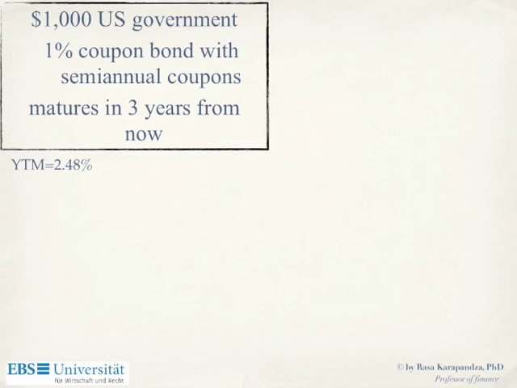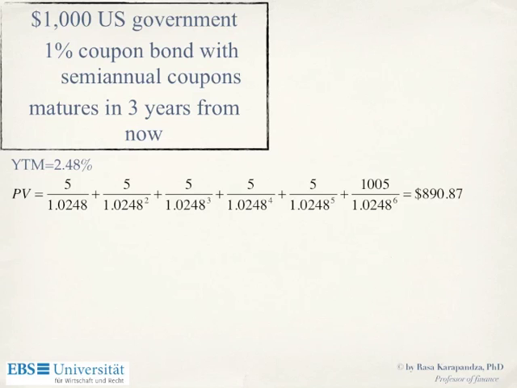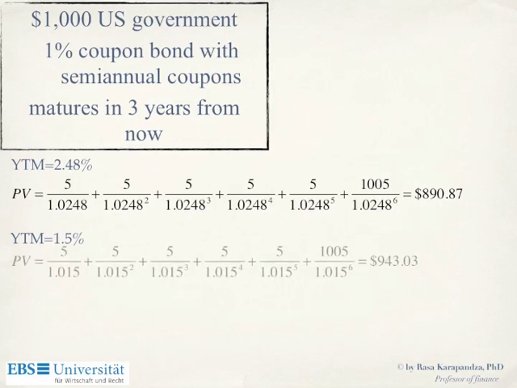And if the 6-month rate, this is not an annual rate, this is what you get after investing money for 6 months, is 2.48%, then you get this value. If it goes down to 1.5%, you get this value. So instead of $890, the price goes up to $943.